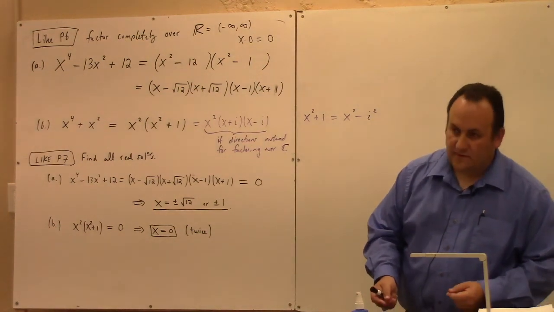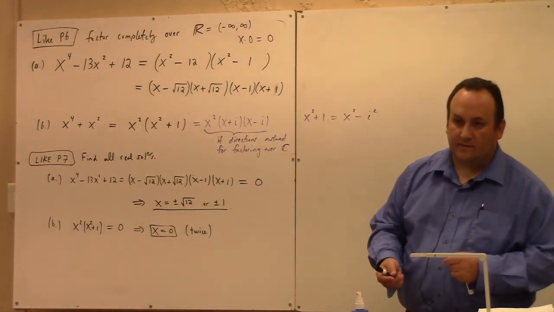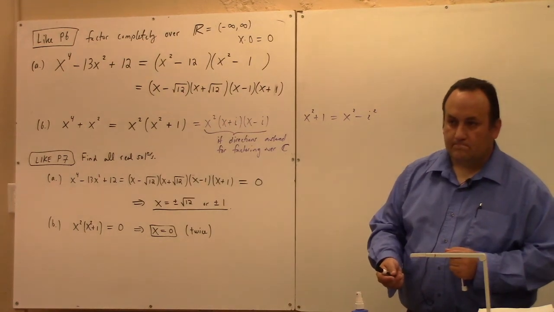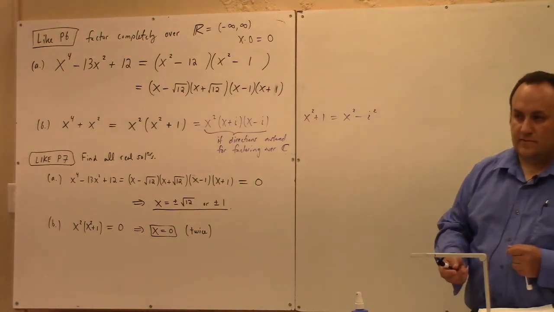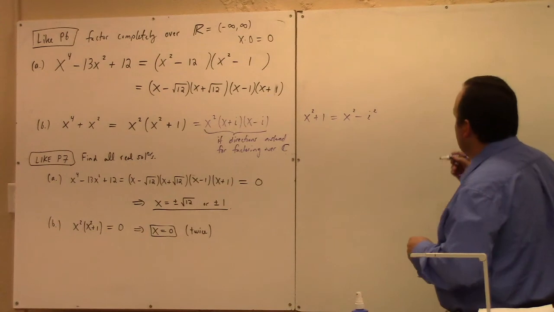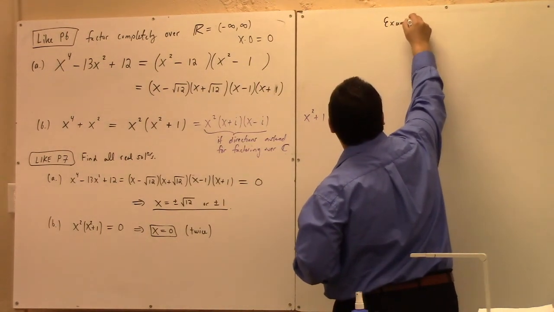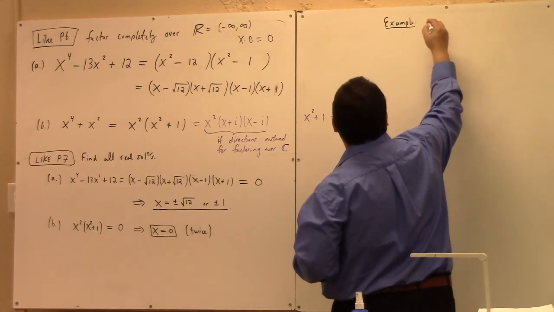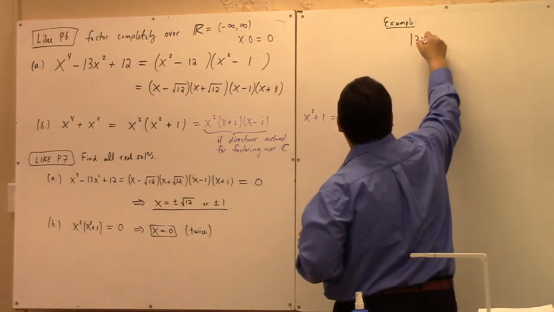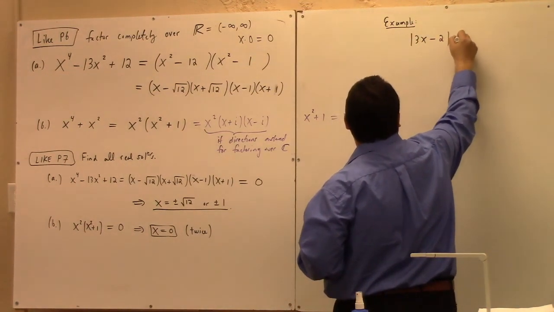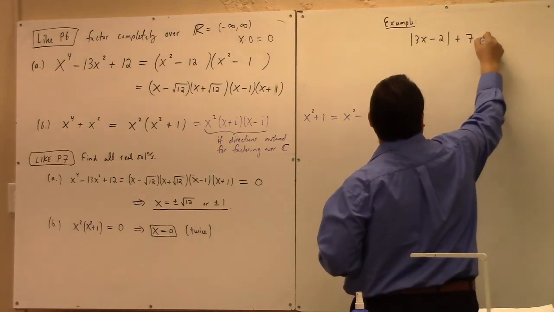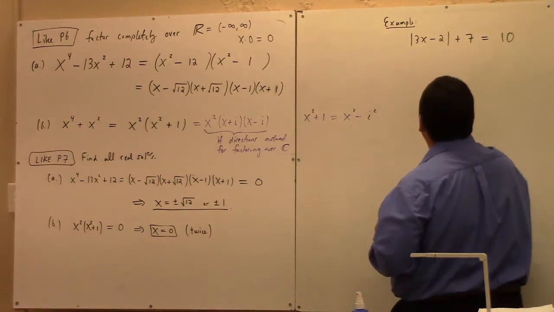Have I talked about how to solve equations involving absolute value yet? I'm not sure if I've done it in here. So I'll just give you an example. If I wanted to solve, say, the absolute value of 3x minus 2, plus 7 equals 10, what would I do?